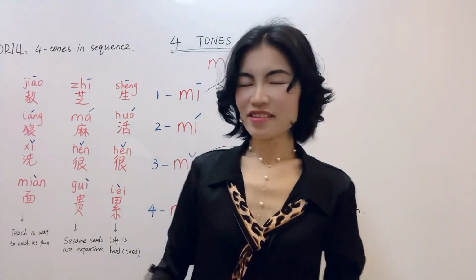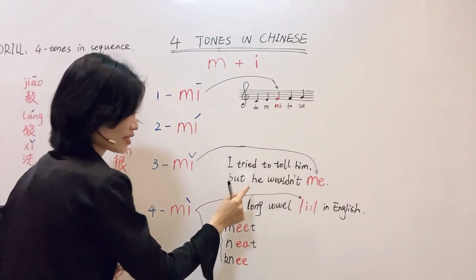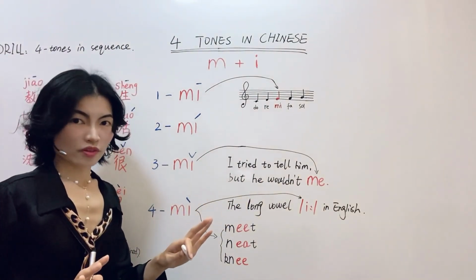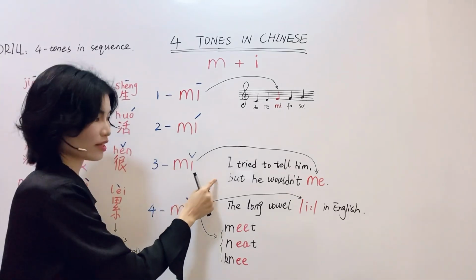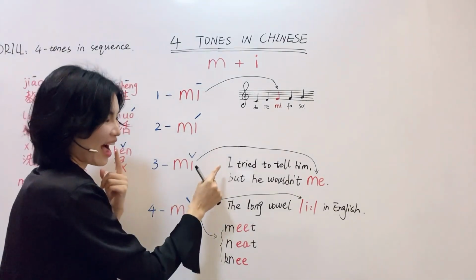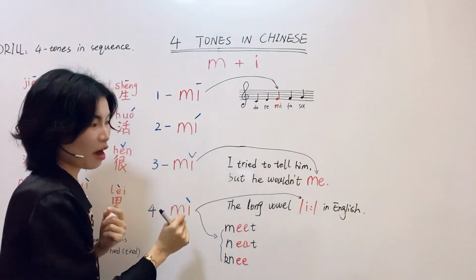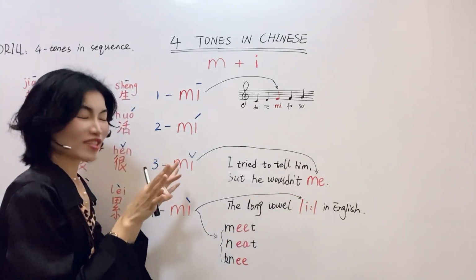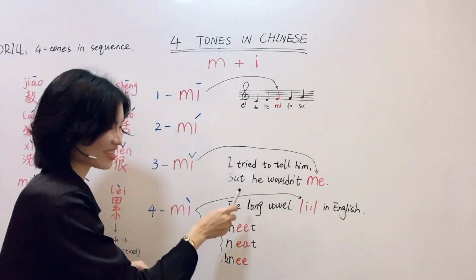Now I have a sentence for you right here. The sentence is in English. If you're a native English speaker, if English is your first language, I am pretty sure that the intonation in the sentence goes like this. Stay with me. I tried to tell him, but he wouldn't let me. Right here, me. When you say me, you drop it. So you drop the sound.